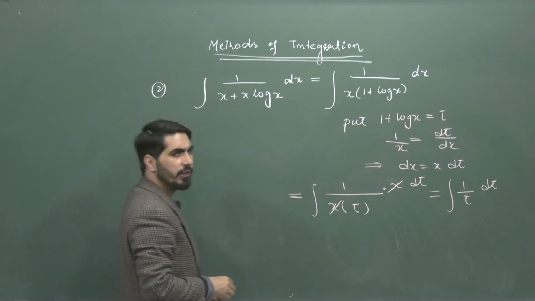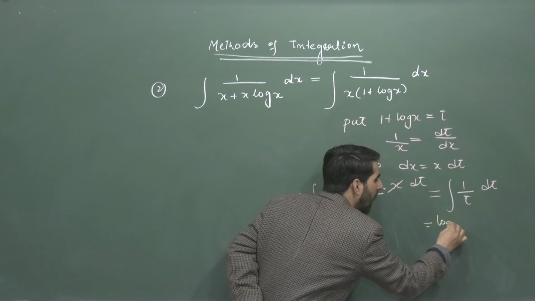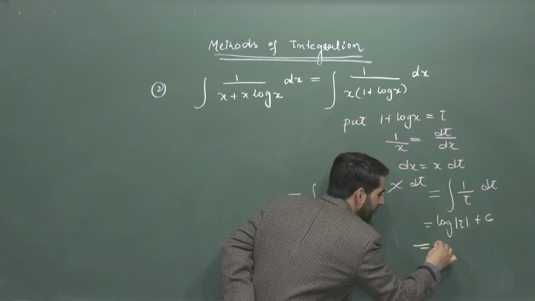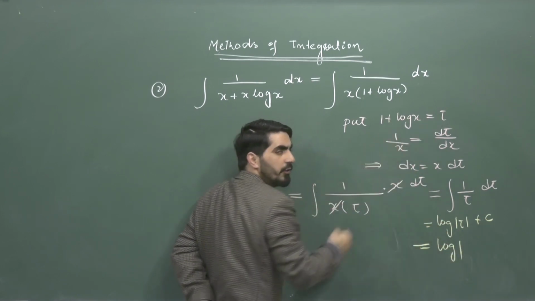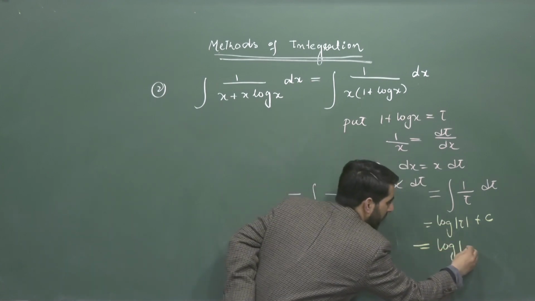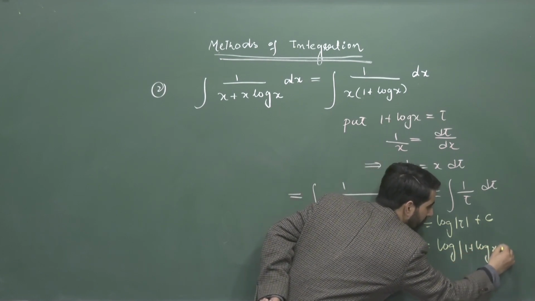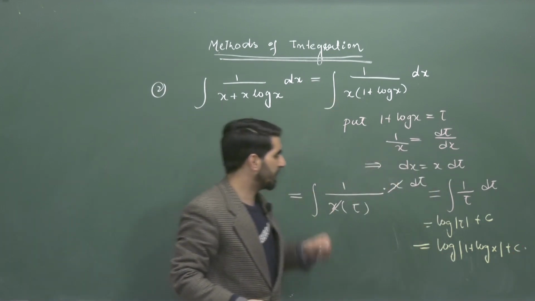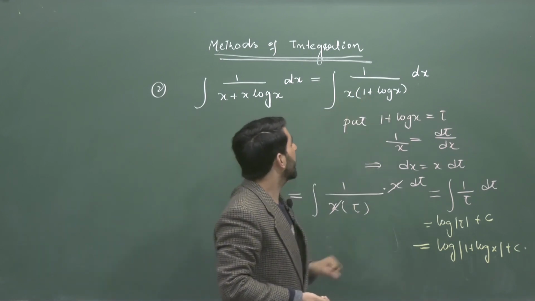Again, the integration of 1 by t is log of modulus of t plus c, where t is equal to 1 plus log x. Replacing the value of t, we get log of modulus of 1 plus log x plus c. This is the value of this integral.